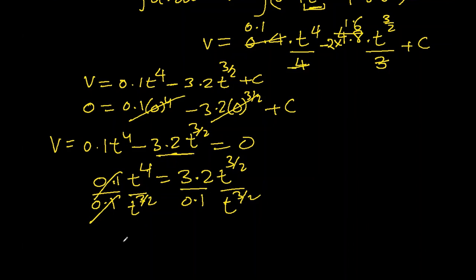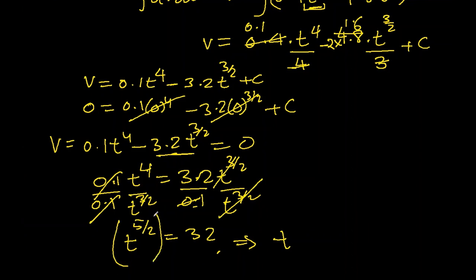4 minus 3 over 2 will be t to the power 5 over 2 equal to 32. The 0 and 0 cancel out. Okay, t to the power 5 over 2 equals 32. And now we need to find t. To find t, we have to get rid of the exponent.